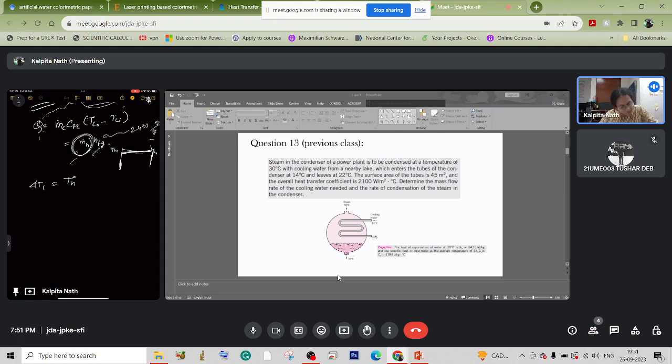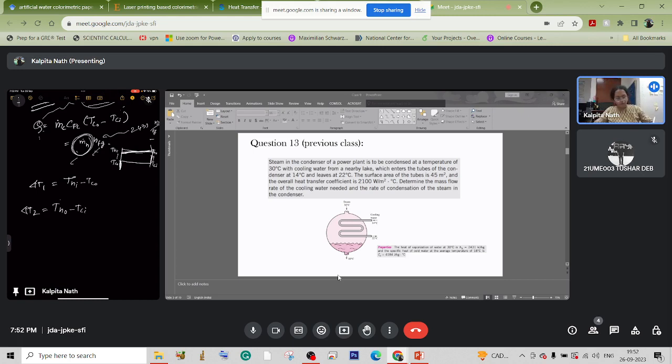This is cooling liquid, TCI, TC naught. So this is delta T1, this is delta T2. THI minus TC naught is delta T1. Delta T2 is TH naught minus TCI.